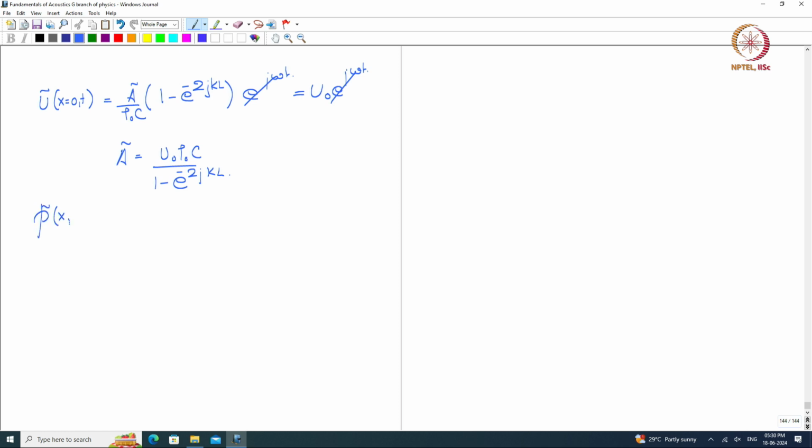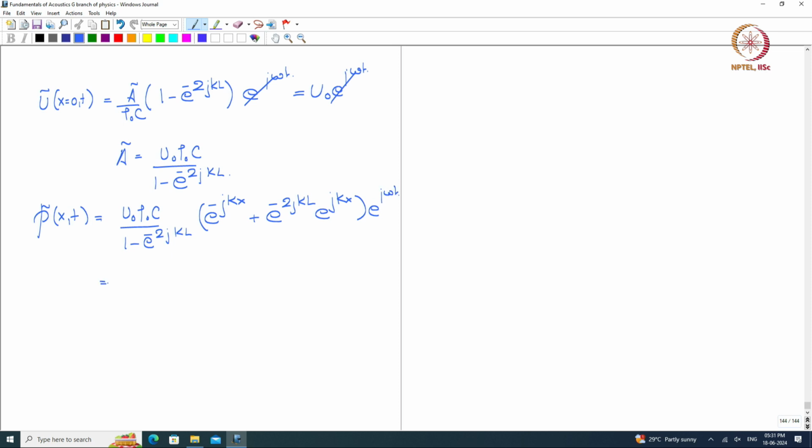Pressure at x comma t is equal to u0 rho 0 c over 1 minus e to the power of minus 2jkl, times e to the power of minus jkx plus e to the power of minus 2jkl e to the power of jkx, times e to the power of j omega t.